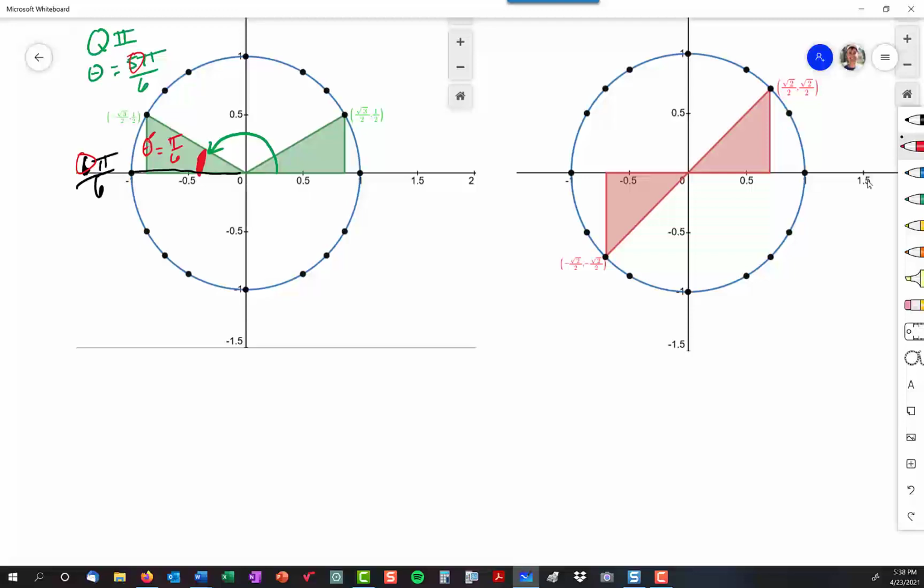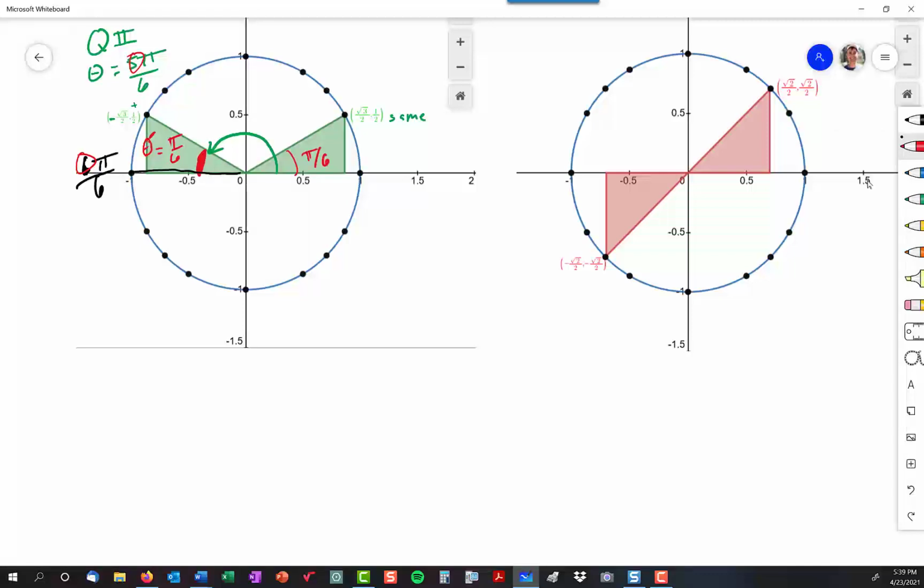And so the x value of the unit circle point is a negative square root of 3 over 2, and the y value is a positive 1/2. But those numbers are exactly the same as these numbers. And this angle, we could go and prove all of this, that this angle is also pi 6ths.